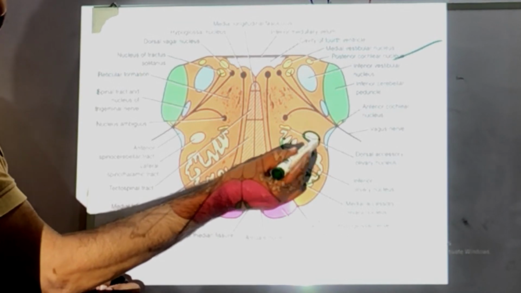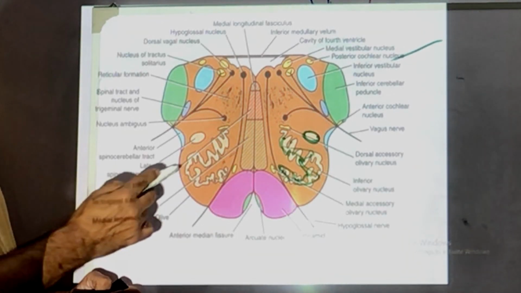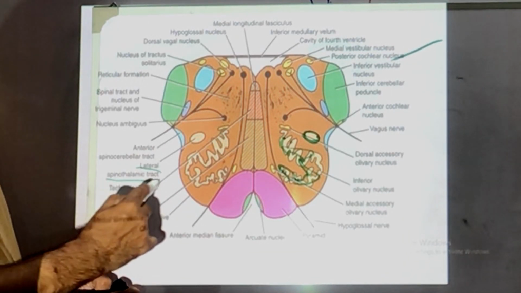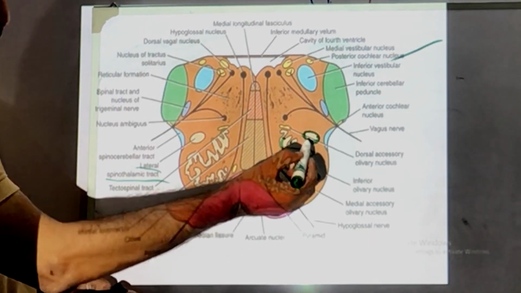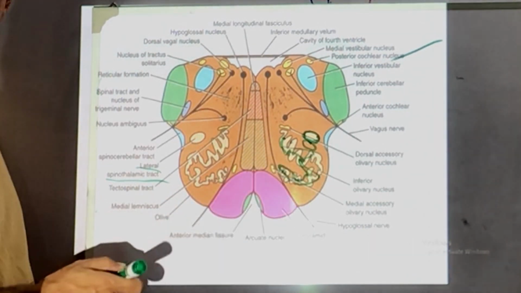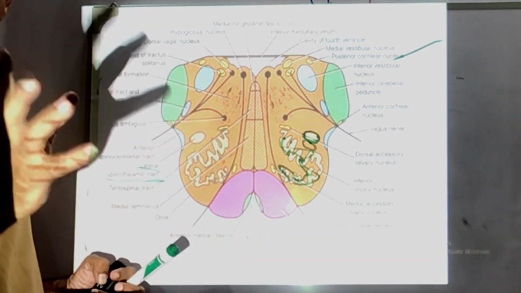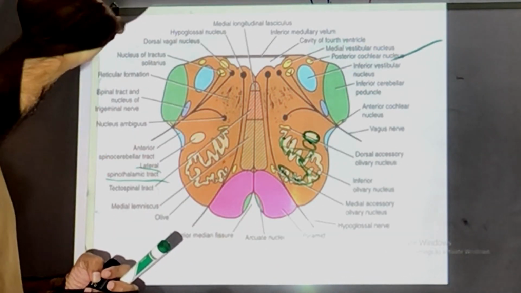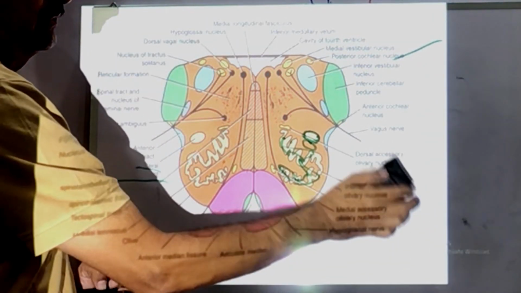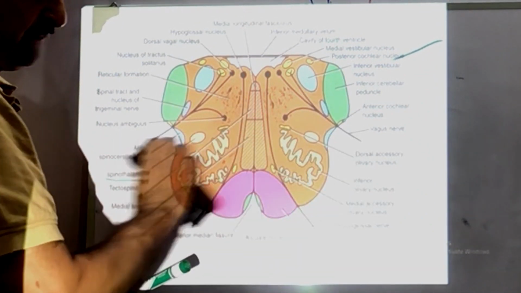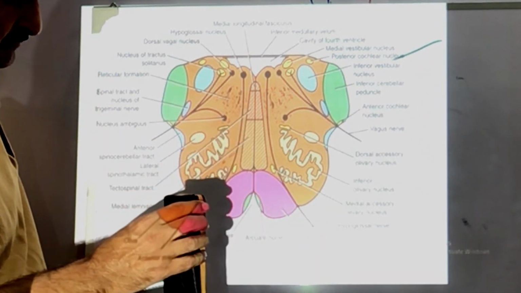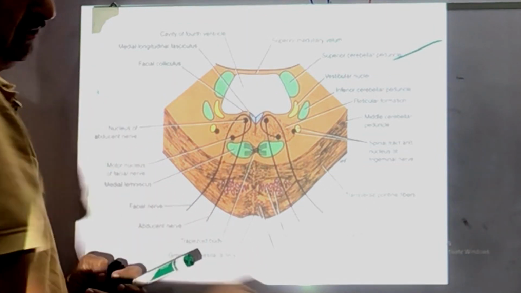Can you see this? Lateral spinothalamic. Though it is not just lateral, it will be anterior as well as here. So, you can say spinal lemniscus, but the word lemniscus in fact will be adopted more when you are at a little higher level. Which diagram next? Okay.